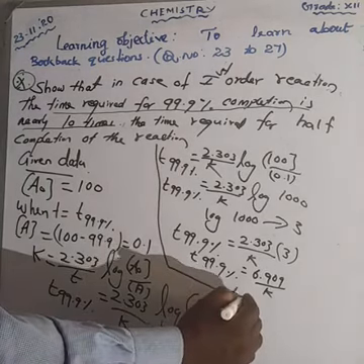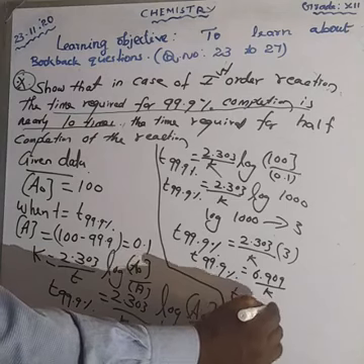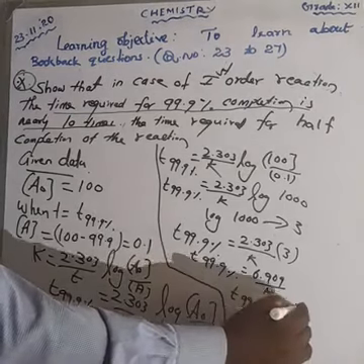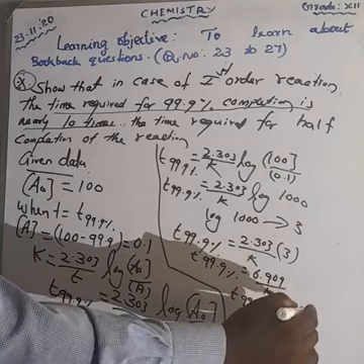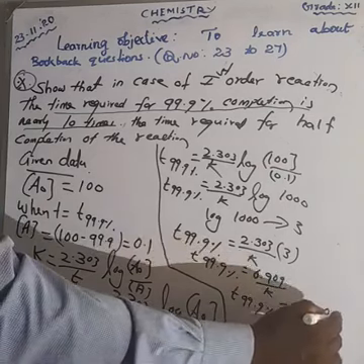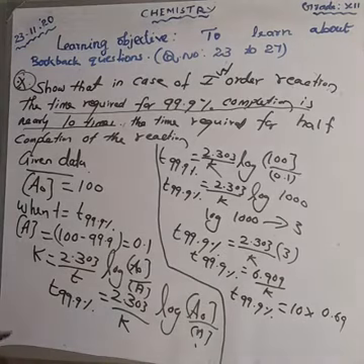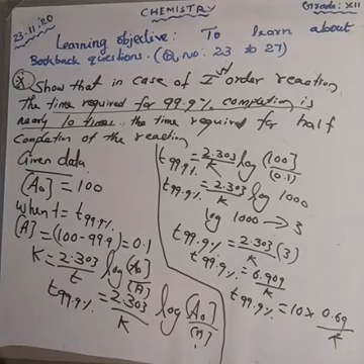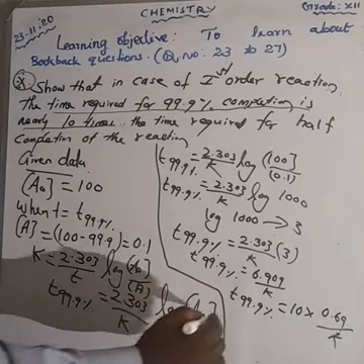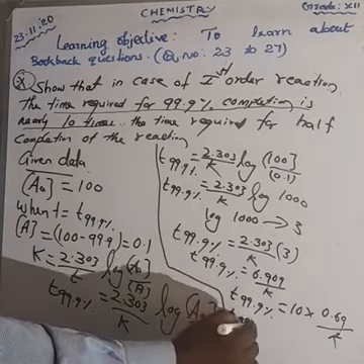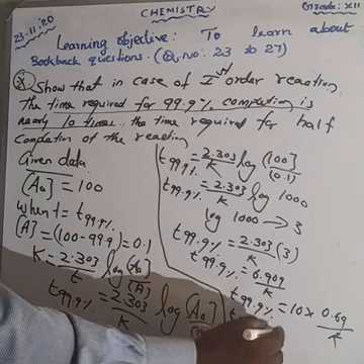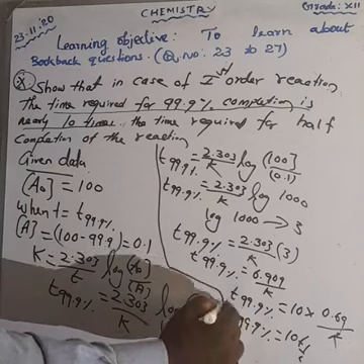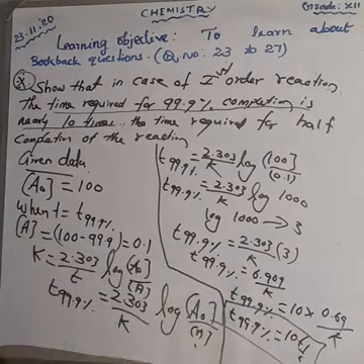So T 99.9% is equal to 10 into 0.69 divided by K, that is equal to 10 into T half. This is the answer.